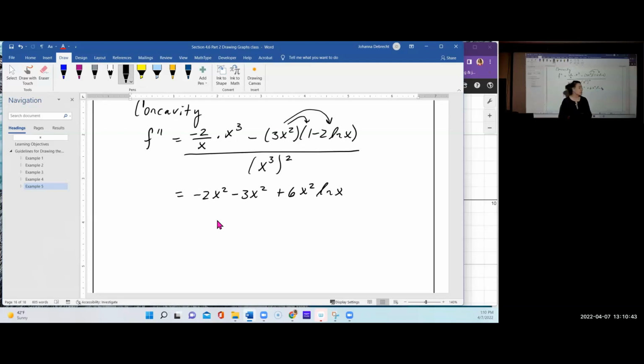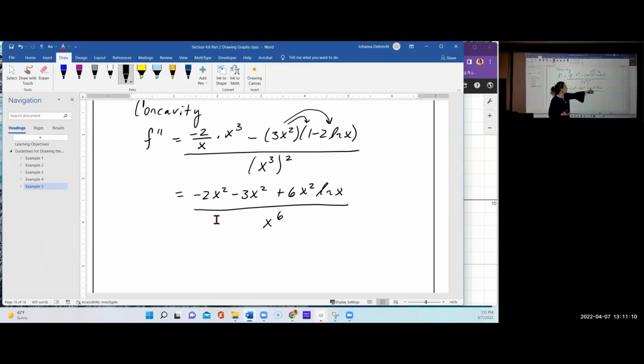Check your signs again and make sure it looks right. Negative 3x squared times negative 2 is positive 6x squared with the natural log of x factor on the back. And then it's all divided by x to the 6th. One base, 2 powers, you multiply the powers. That's the rule from algebra. So that gives us x to the 6th.